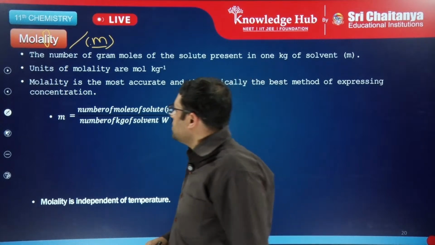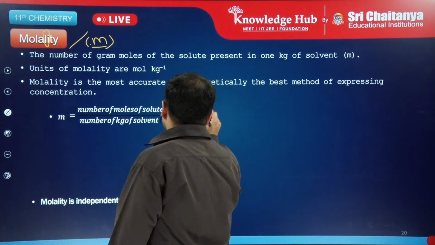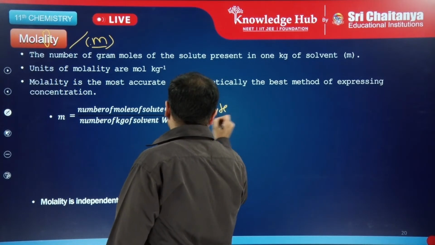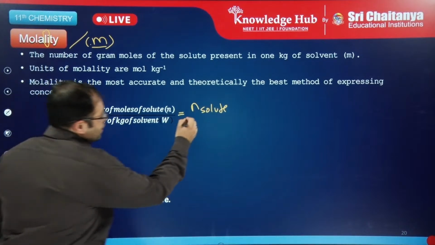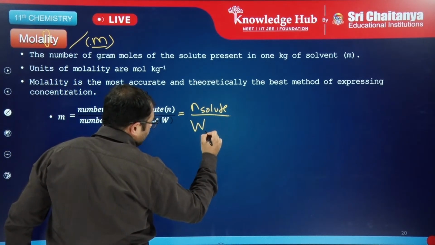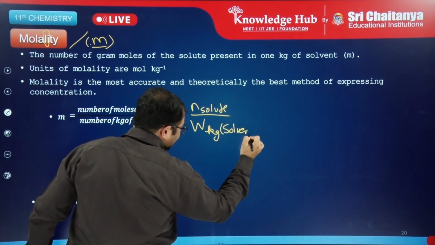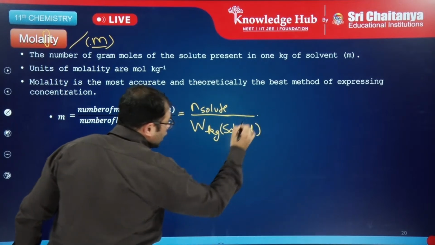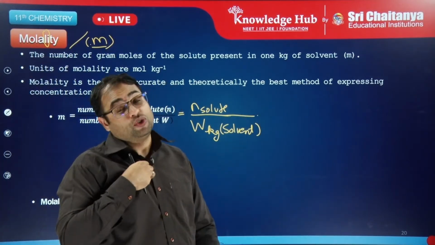What is that difference? This is the formula: number of moles of solute divided by weight of solvent. Yes, weight of solvent, I am not talking about the weight of solution. In molarity, we had the volume of solution.